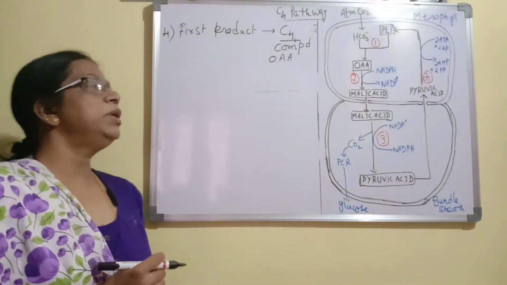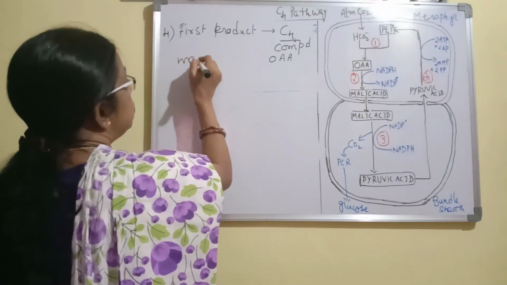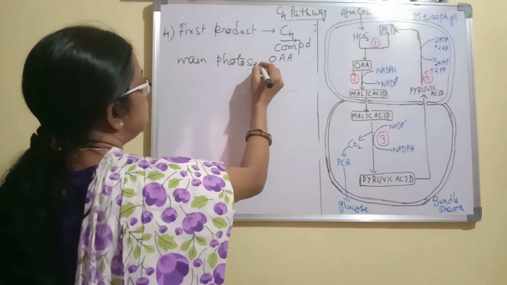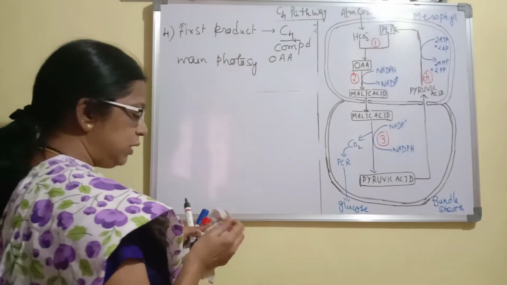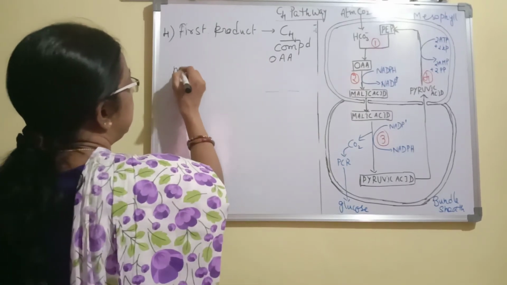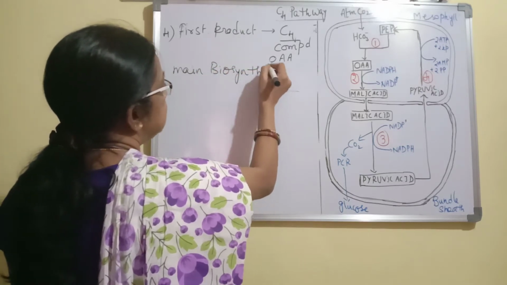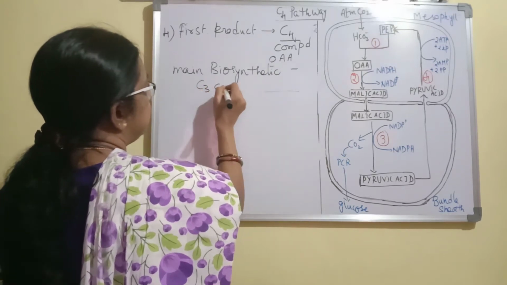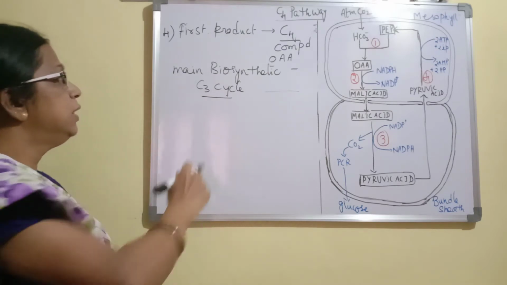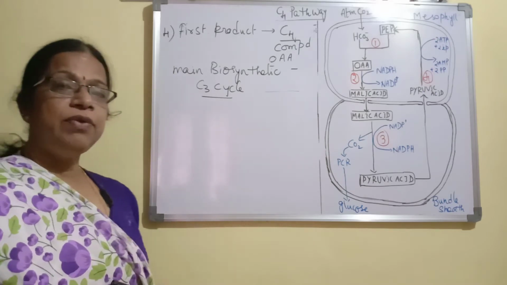The first product formed is a C4 compound, that is oxaloacetic acid, but their main biosynthetic pathway is the C3 cycle. Though the first compound formed is a 4-carbon compound, their main biosynthetic pathway takes place with the help of the C3 cycle or Calvin cycle.